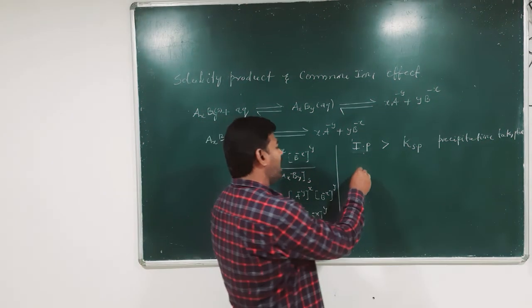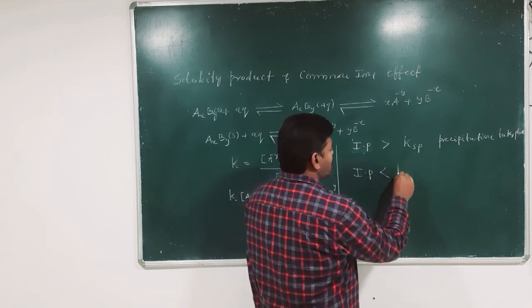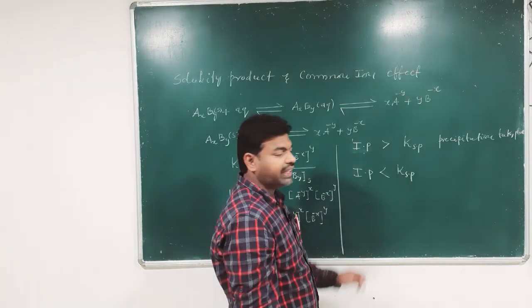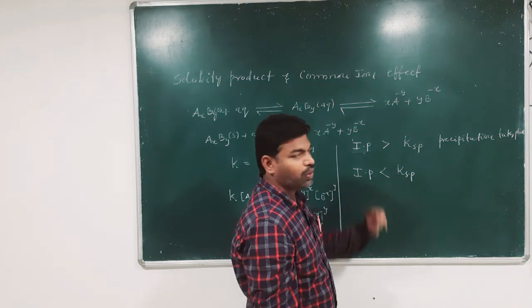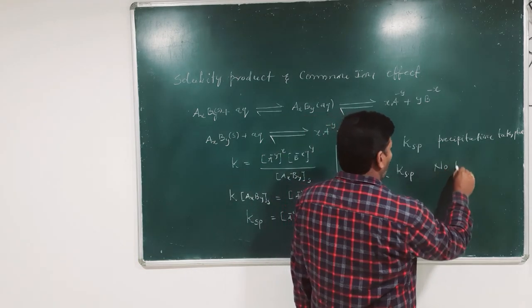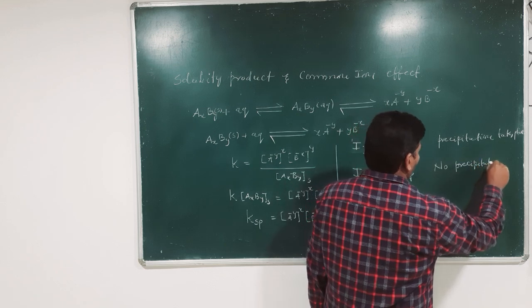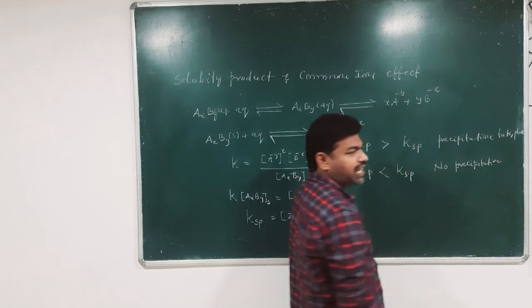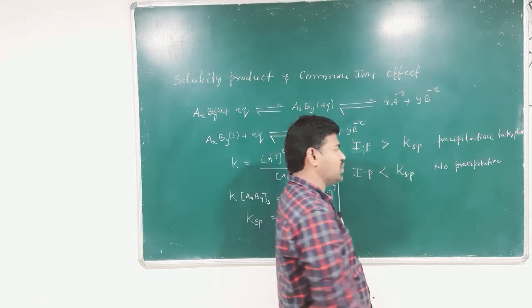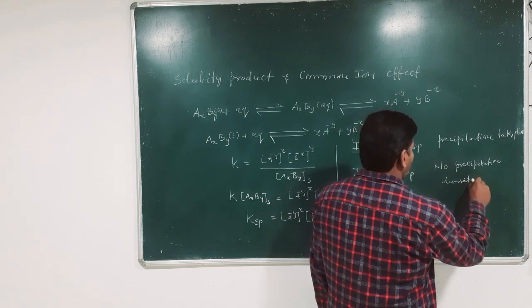And if ionic product is less than solubility product, no precipitation takes place, and the solution becomes unsaturated, right.